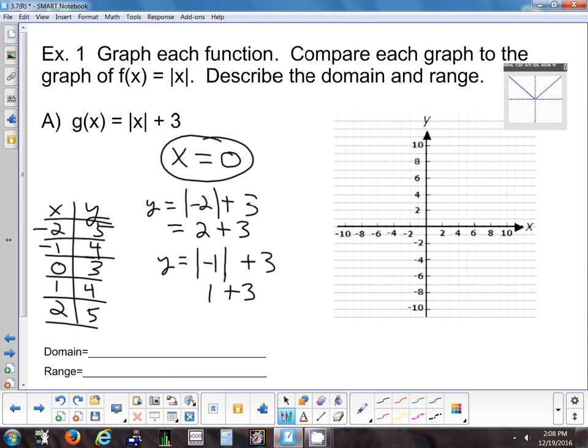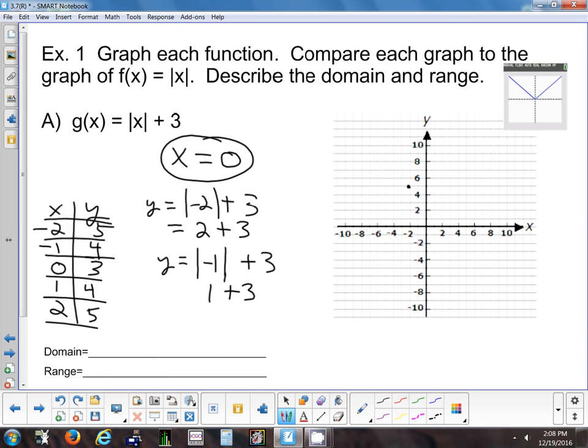Okay, now I got my table, but what do I have to do with that? Why did I make a table? Yeah, to help me graph it. So now we're going to graph negative 2, 5. What should this look like as I start to do it? It should be a V shape.